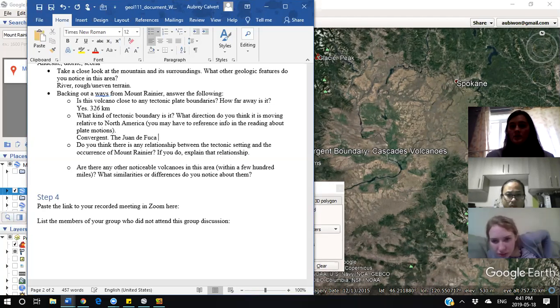So the Juan de Fuca plate is subducting under the North American plate. I'm just trying to get this down and then I can make it look better.